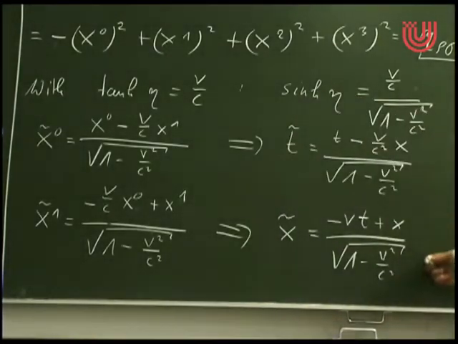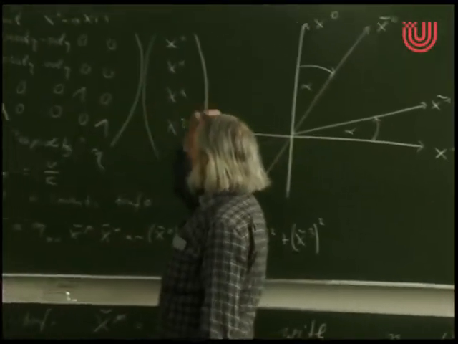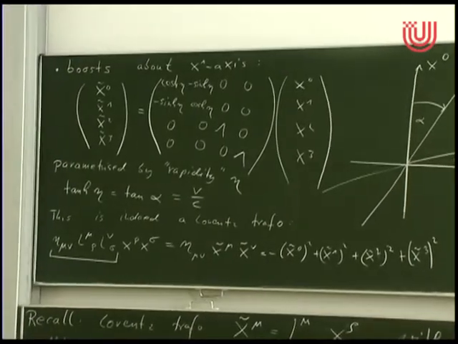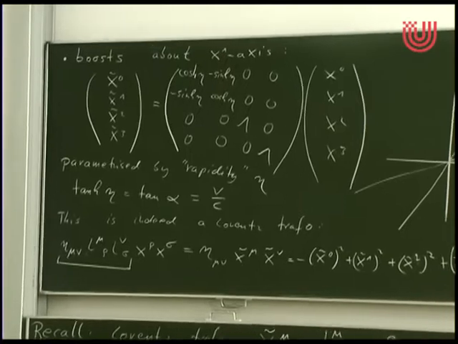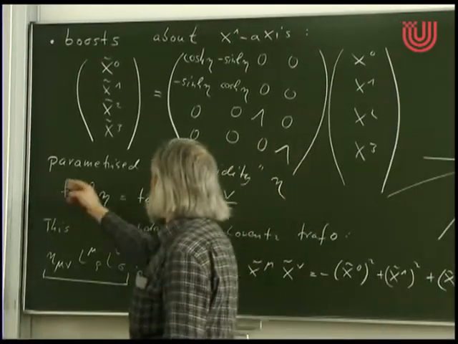So this is the standard form of the Lorentz boost expressed in ordinary coordinates x and t. Y and z are kept fixed. So this is just a slightly sophisticated way of writing the standard Lorentz boosts, and you see that you get a new geometric quantity.